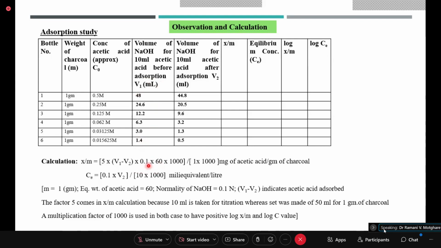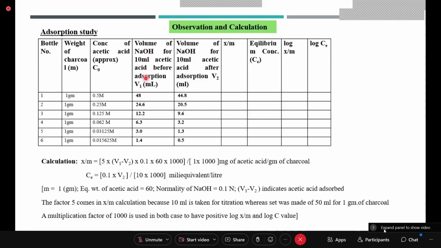Now this NaOH is filled in the burette, and 5 beakers of the initial acetic acid solution will be provided to you. From that beaker you collect 10 ml of acetic acid, transfer it into a conical flask, add phenolphthalein indicator and titrate with NaOH solution from the burette.